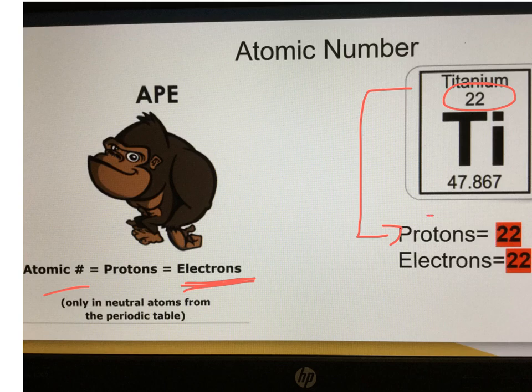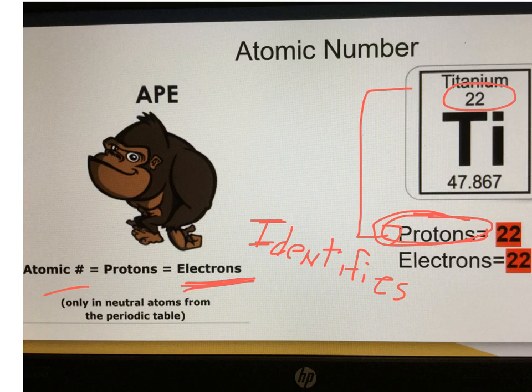So for right now, your protons is really what identifies the atom. And that would be something important to write down in your notes. The protons identifies your atom, your element, okay? All right, if this element does not have a charge, your protons are the same as your electrons, always, okay?